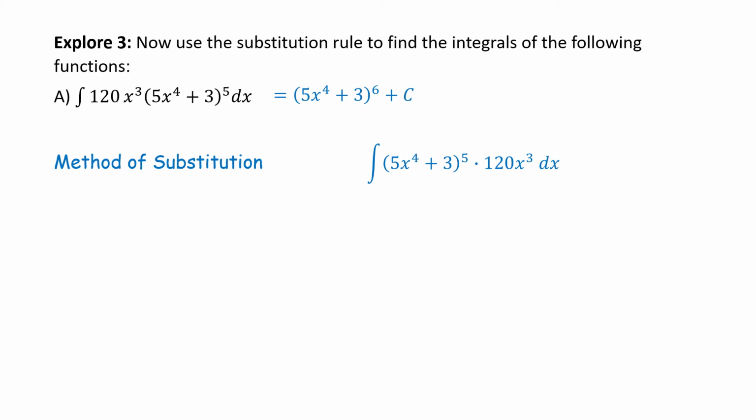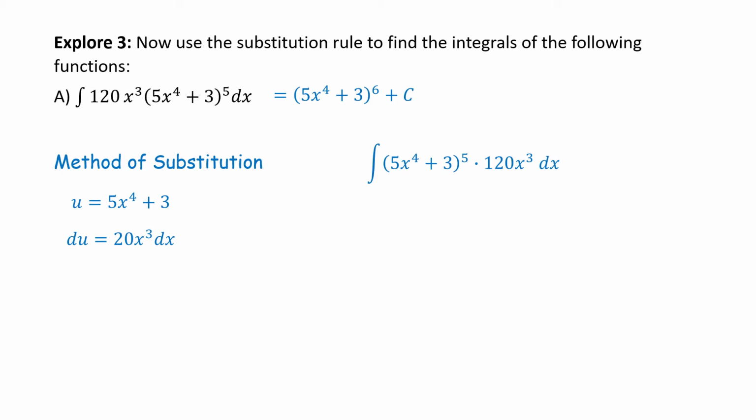Now, we are working with a composite function, so we need to assign an inside function variable. I'm going to let u be 5x to the fourth plus 3. That's our inside function. Let's take the derivative of u. Then du would be 20x cubed dx.